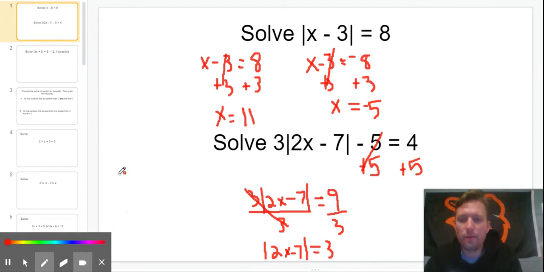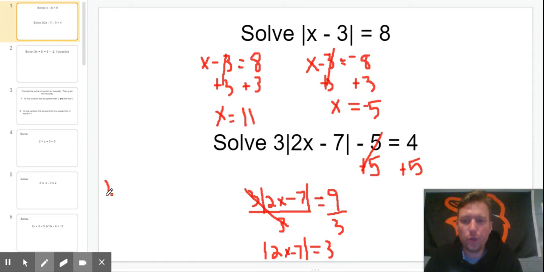Okay, so I would write this as 2x minus 7 equals 3, and I would do the same thing: I would write 2x minus 7 equals negative 3. And now you have a pretty simple equation that you could solve.